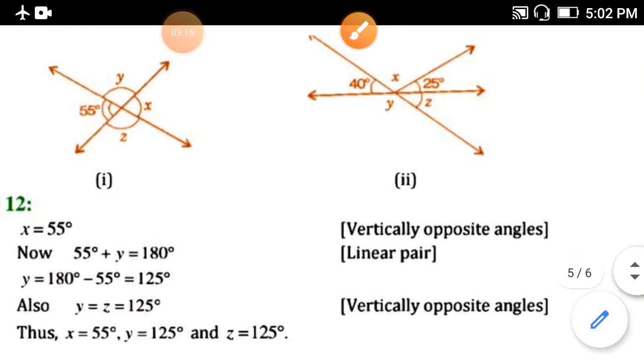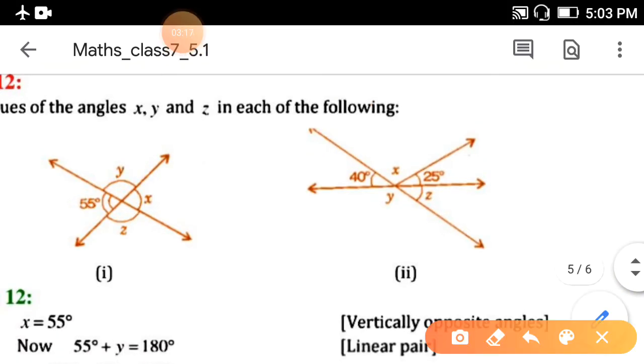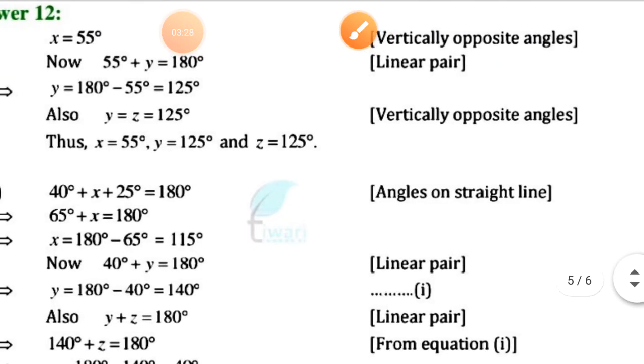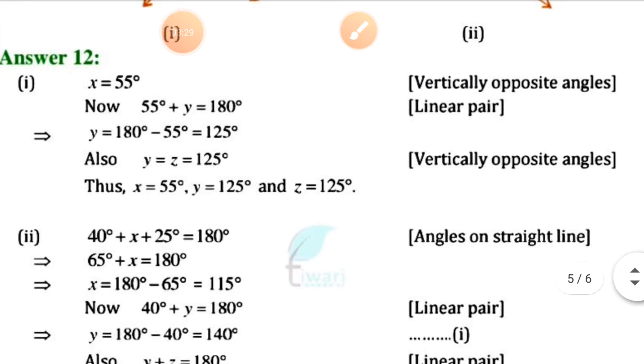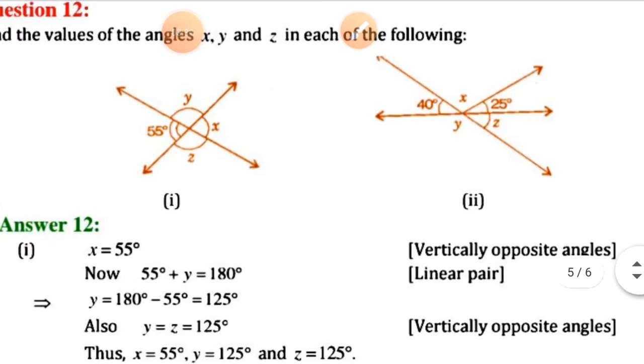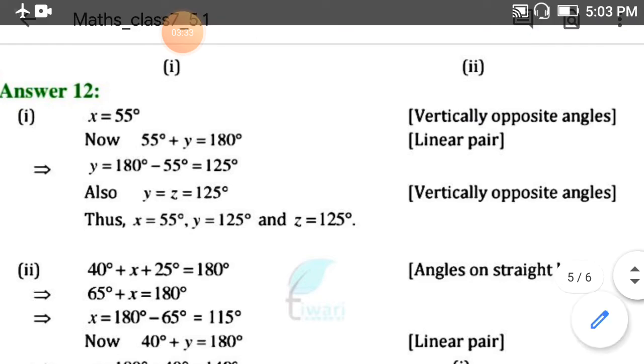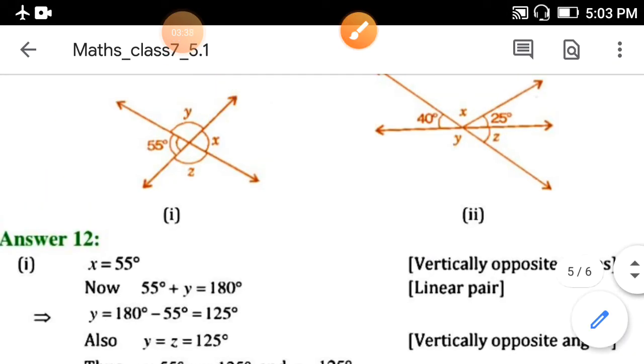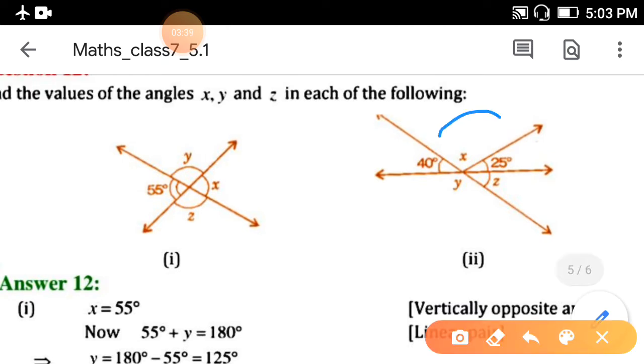These three angles, if you add all of them, you will get 180 degree, because these are the angles on the straight line. So x plus 40 plus 25 is equal to 180 degree. So x is equal to 115 degree. So what is the value of x? 115. Okay.